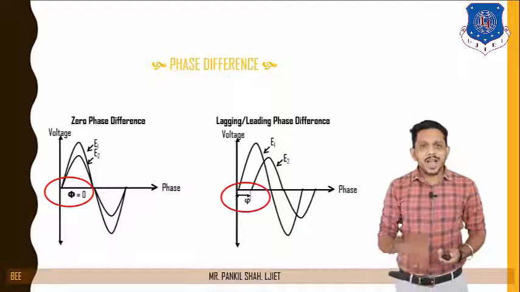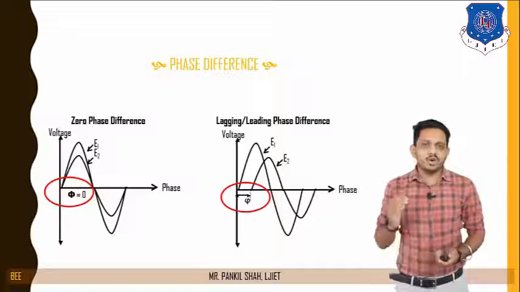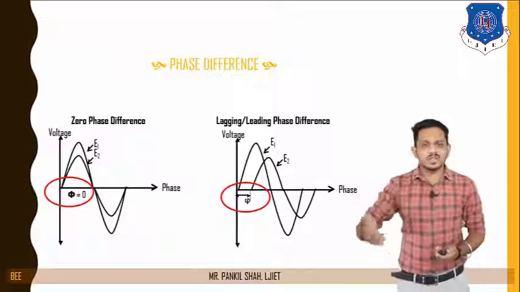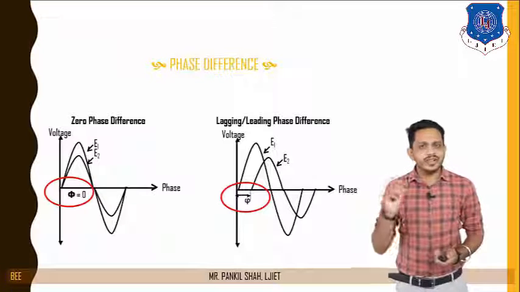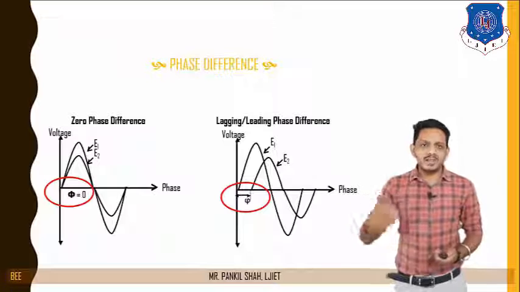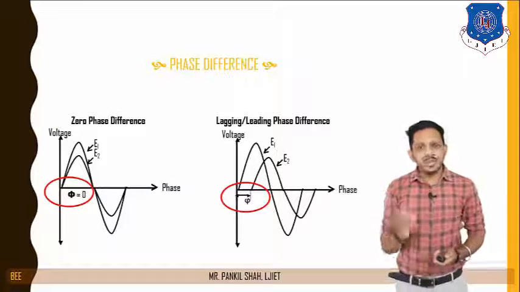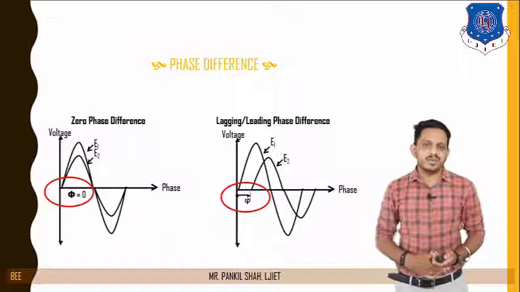You can see that the angle phi is there because the other quantity has started after the first quantity by 5 degree. The first quantity has started at 0 degree and the other quantity has started at 5 degree after the first quantity. So we can say that there is a phase difference.